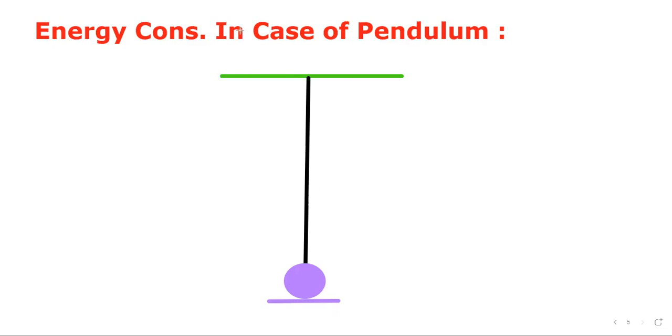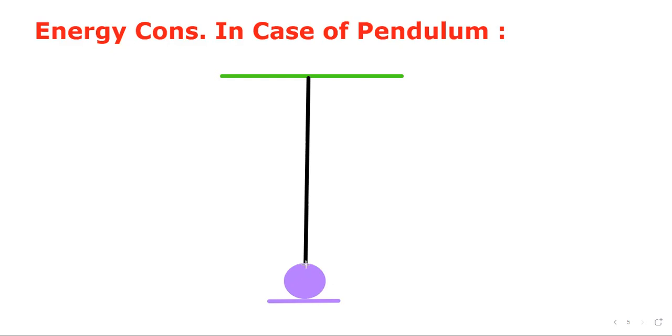As long as the pendulum is in this rest state, its speed is 0. Speed 0 means its kinetic energy is also 0, because in rest state there is no motion. When there is no motion, there is no kinetic energy.